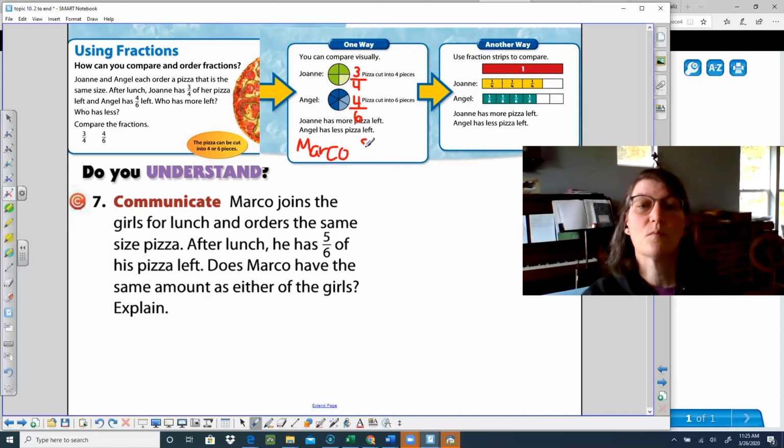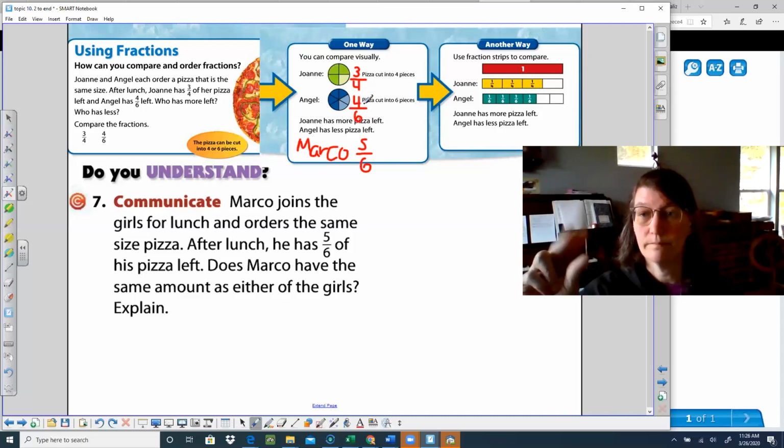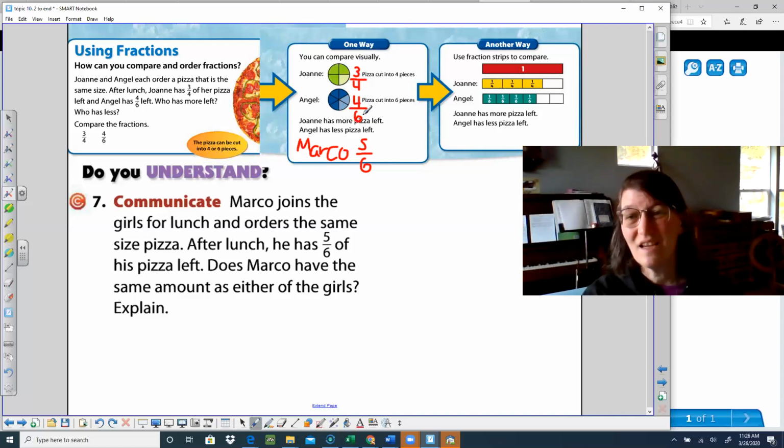So they just told us Marco has 5/6. They want to know if that's the same amount as either of the other girls. Is 5/6 the same as 4/6? No. Is 5/6 the same as 3/4? Well, in that case, we don't have denominators that match. We don't have numerators that match. So that one's a little more confusing.